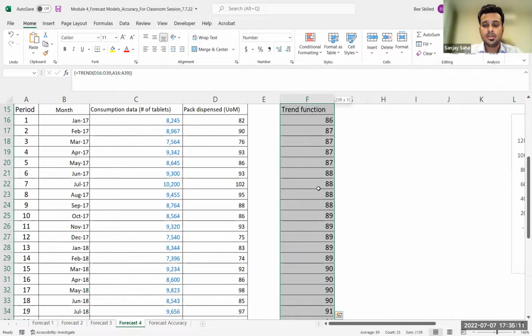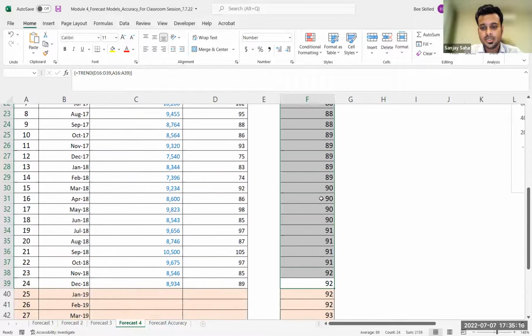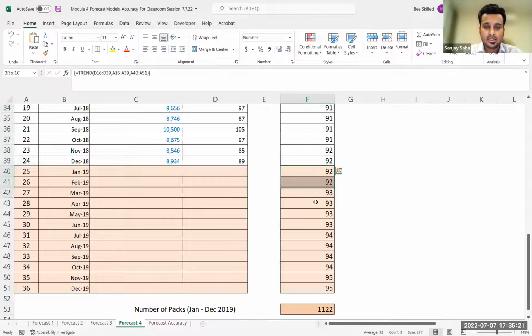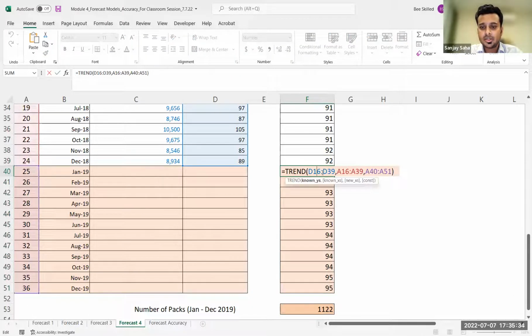So first step is we find the existing trend of the data. This is here. Now the second part of the puzzle is, using that same trend, we extrapolate the trend in the next 12 months. So the formula will slightly change. Known Ys we already had, consumption in the first 24 months. Then we have known X, which is the first 24 months.